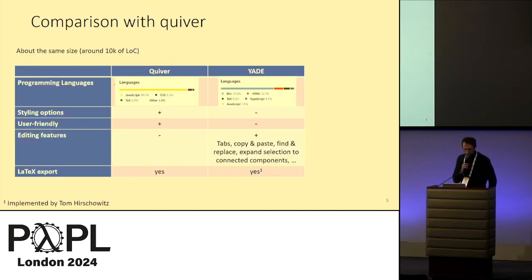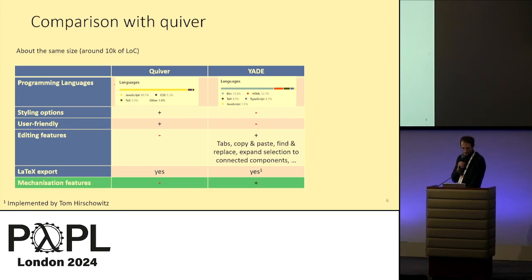I want to do a quick comparison with this editor. It's about the same size in terms of lines of code. Quiver is mainly implemented in JavaScript, whereas my YAD is implemented in Elm, which is a functional programming language. Quiver is more user-friendly and has a lot of styling options. YAD has more editing features, so you have tabs, copy and paste, find and replace, or expand selection to connected components. In both cases, we have LaTeX export.